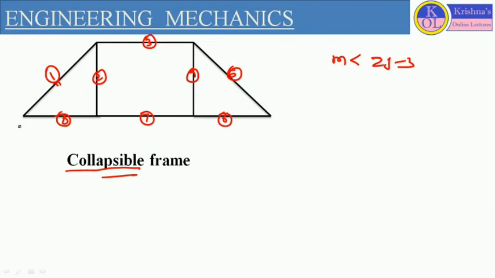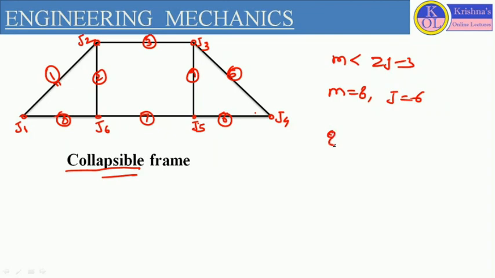After that we will count the joints. So joints should be at the ends. So here we will count joint J1. So how many joints do we have here? 1, 2, 3, 4, 5, 6. So the number of members is 8 and the number of joints is 6. So here we will put these values.